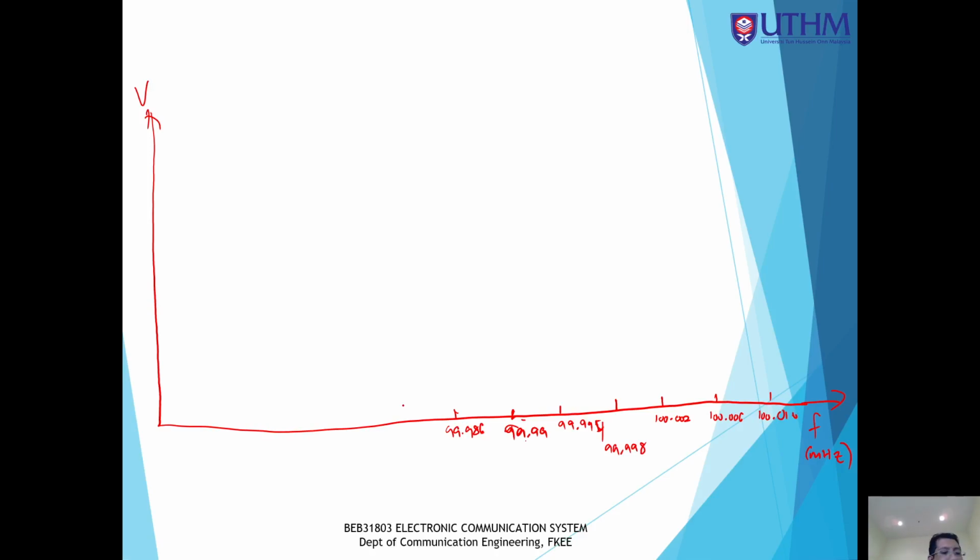Whereas for the lower sideband, we have 99.982, 99.978, 99.974, and 99.970.